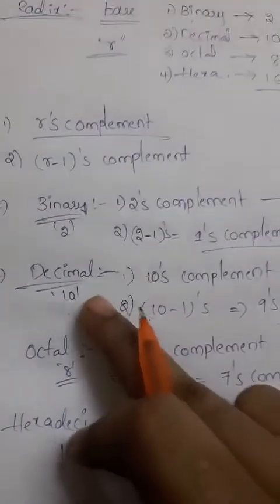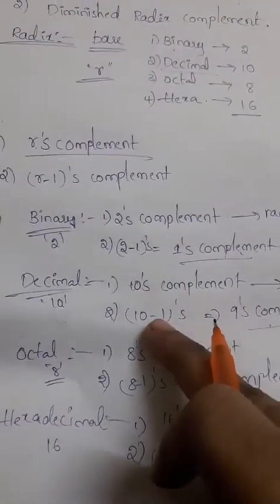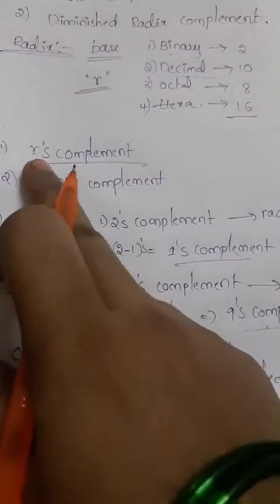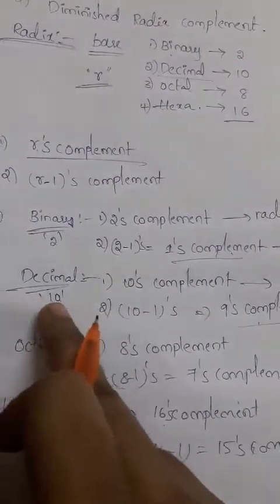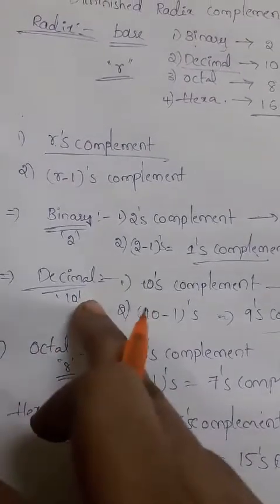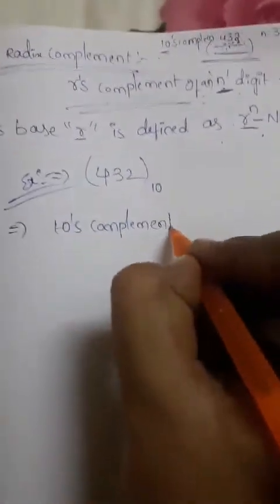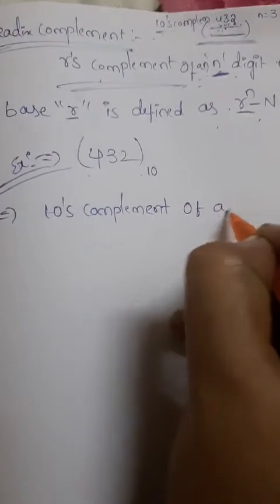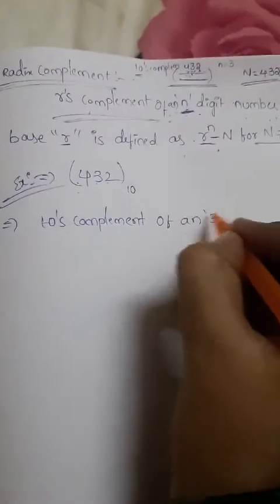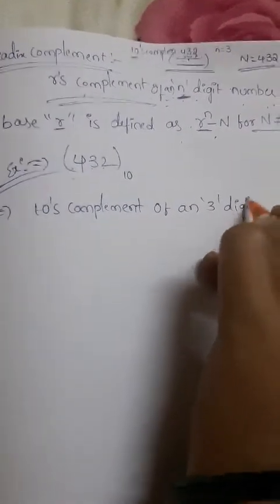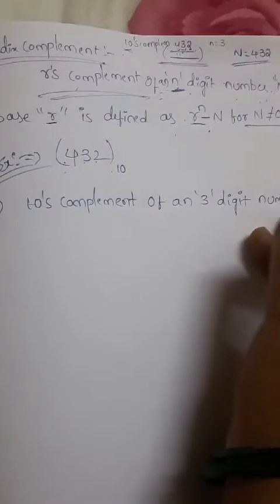Just observe, for the radix, R's complement, in the place of R we can write the decimal base. Already we know the decimal base is 10. So the tens complement of an n-digit number, count how many digits we have here: 1, 2, 3. So that is a 3-digit number, and that is represented as capital N.